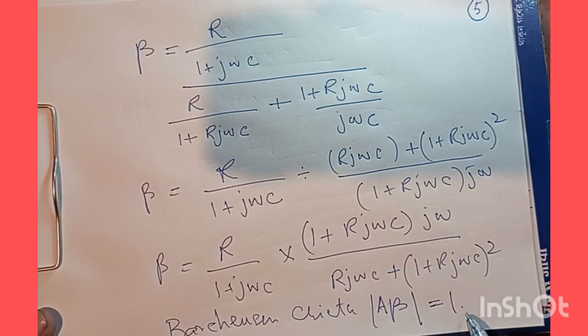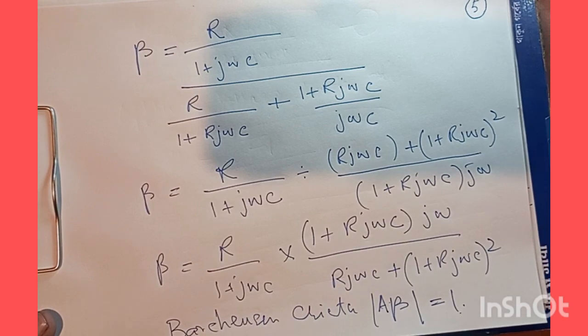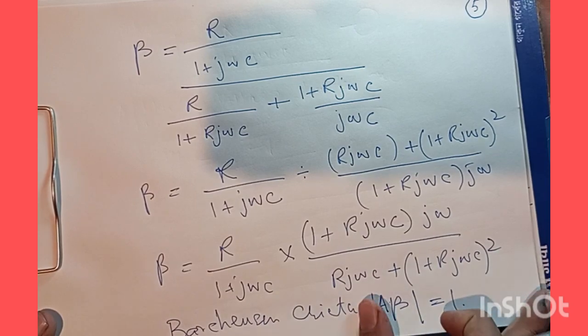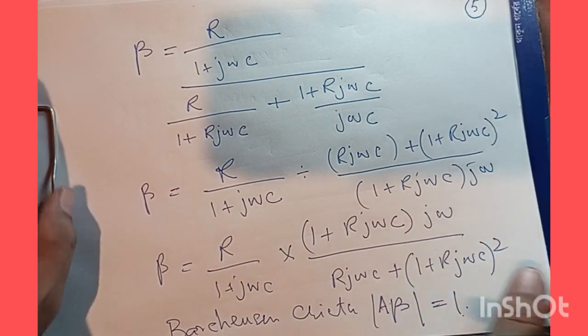This is the necessary condition for having a situation where we can have sustained oscillations. The product of A and beta must be equal to 1, where A is the voltage gain. So let's proceed from here and see where we are going to reach.